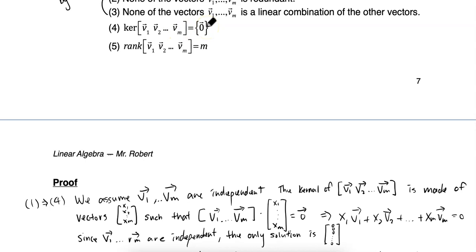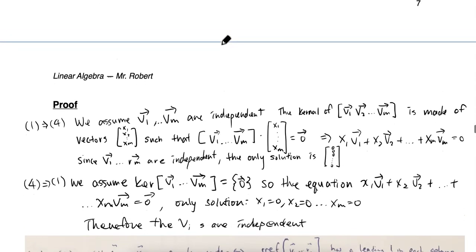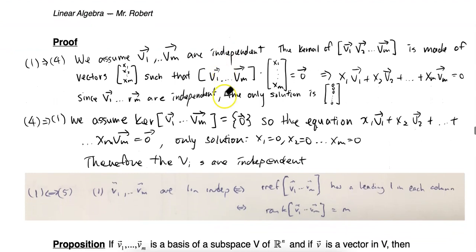Now let's do it backwards. We're going to first assume that we know the kernel of the matrix is 0, and we will try to prove that these vectors are linearly independent.